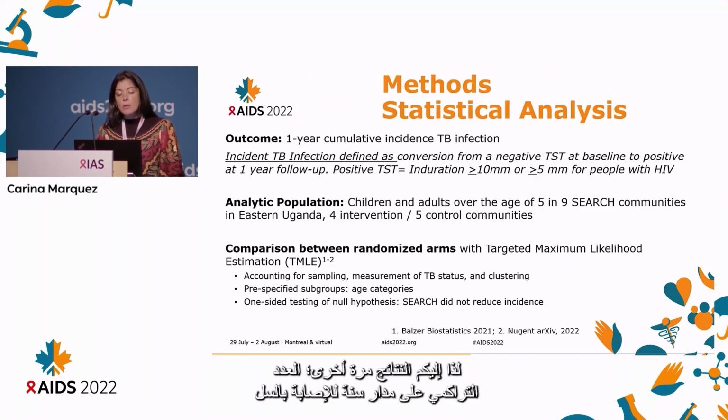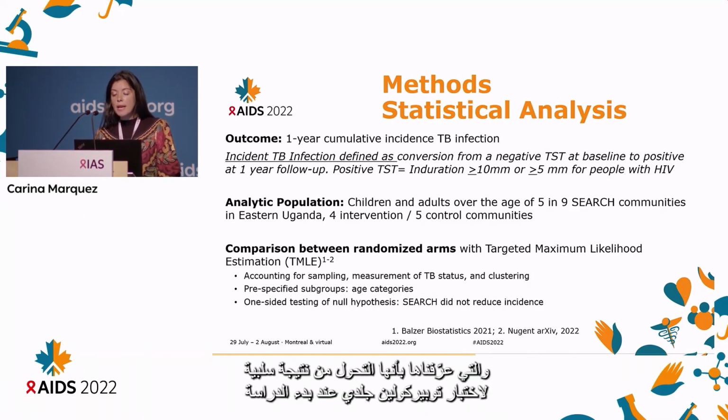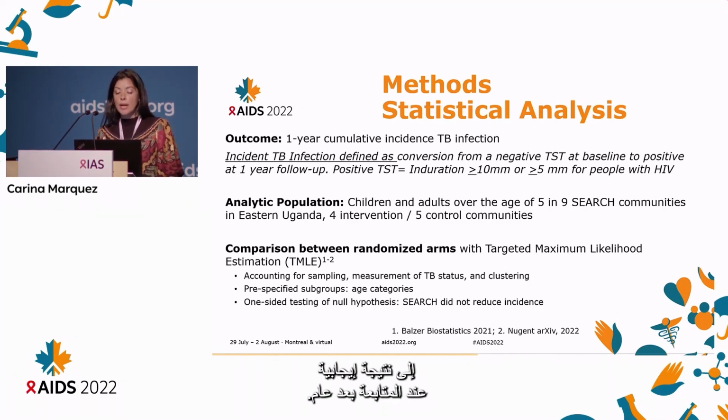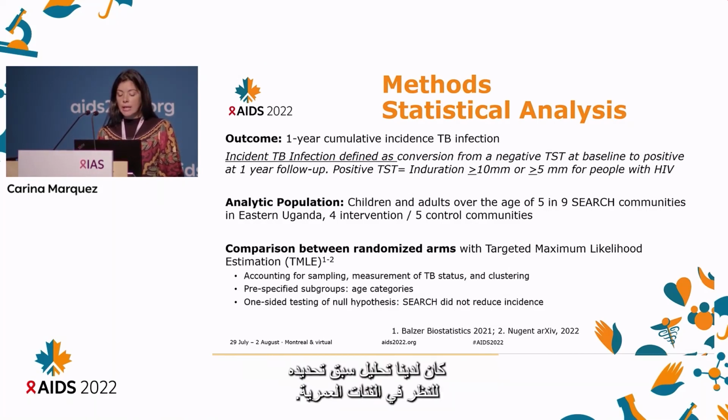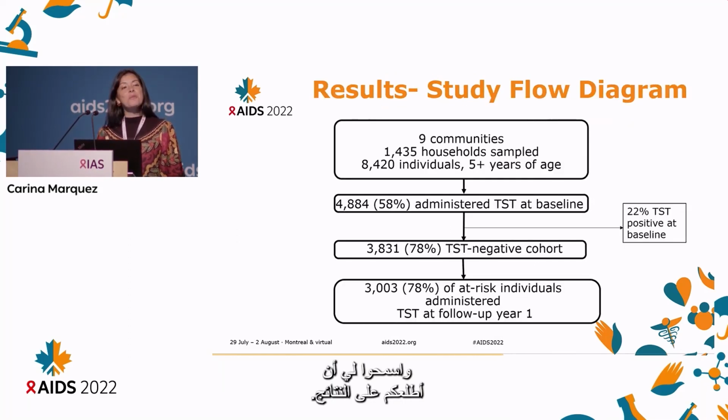So here's our outcome again, 1-year cumulative incidence of TB infection, which we defined as a conversion from a negative TST at baseline to a positive one at 1-year follow-up. The analytic population included children and adults over the age of 5 in our 9 communities. And we compared between randomized arms with targeted maximum likelihood estimation, accounting for sampling, measurement of TB status, and clustering. We had a pre-specified analysis looking at age categories, and let me walk you through the results.